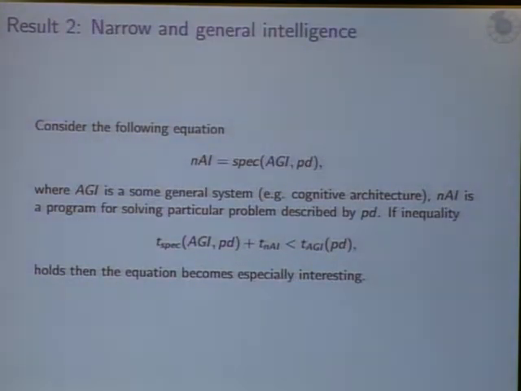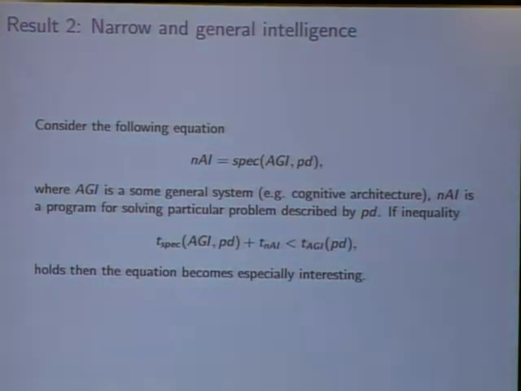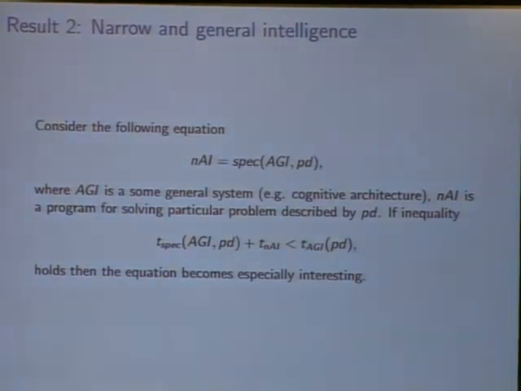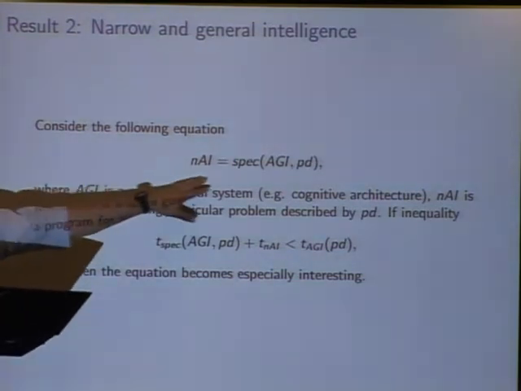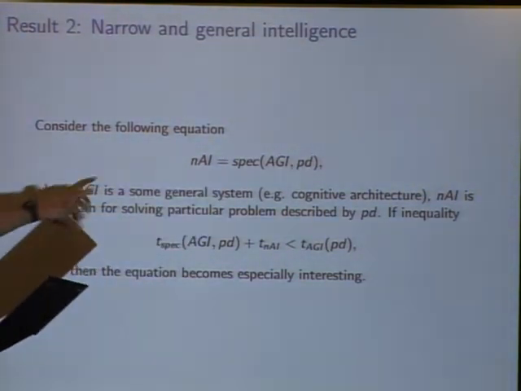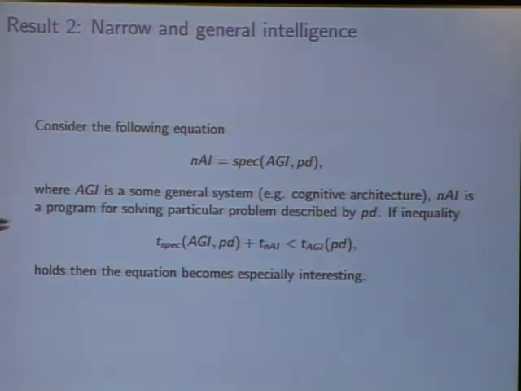But the most interesting result is related to the relationship between narrow and general intelligence in terms of metacomputations. Here I skipped additional arguments in the AGI system as well as in narrow intelligence to keep things simple. Consider the following equation. It's a relation between a general system and narrow intelligence.